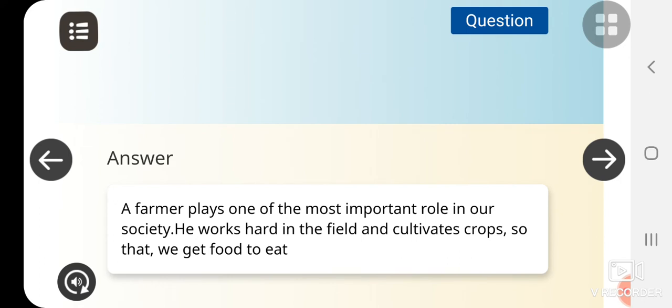A farmer plays one of the most important role in our society. He works hard in the field and cultivates crops so that we get food to eat.